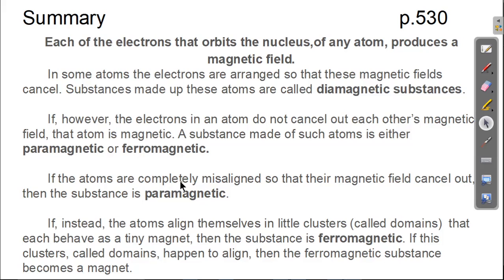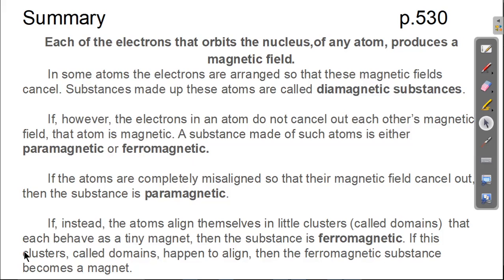If the atoms are completely misaligned so that their magnetic fields cancel out each other, then the substance is paramagnetic. I know these words are just so strange, but I hope it's making sense. From the electron to the atom, now how are the atoms arranged? That's where we are.